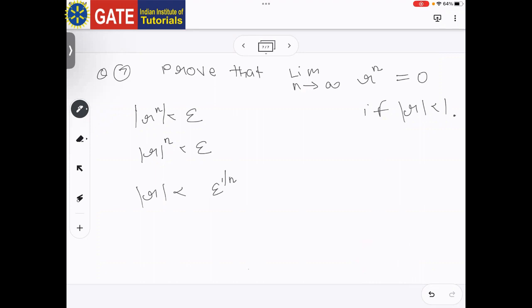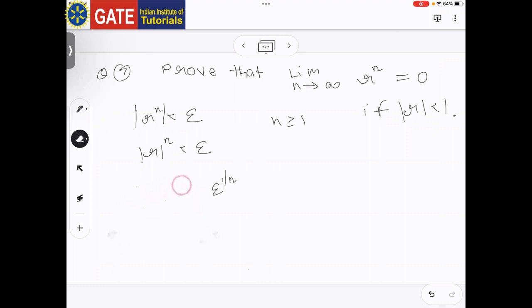But we need n, no? How will you find n? Sir, in this, our n is always greater than or equal to 1, it is a sequence. Yes, sir. So how will you find n from here?